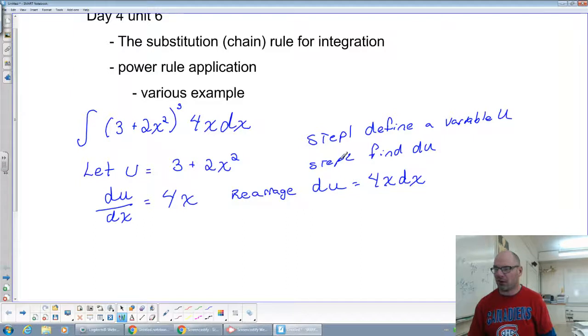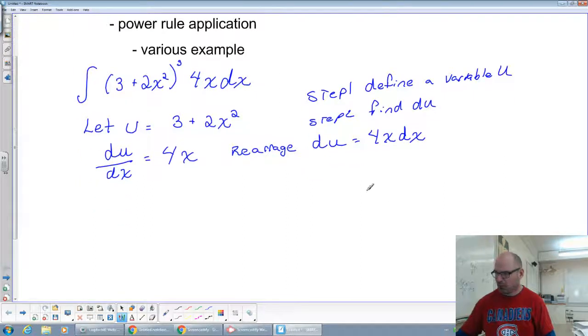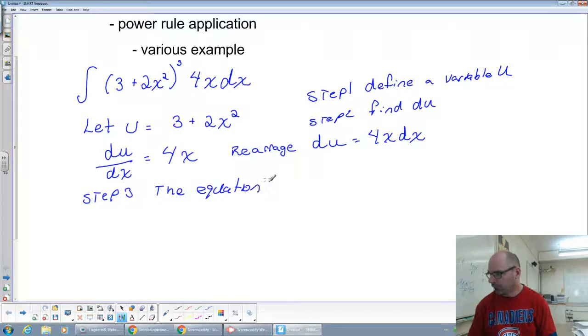And then we can write the integral in a different variable. Step 3 is to rewrite the equation in terms of u and du.